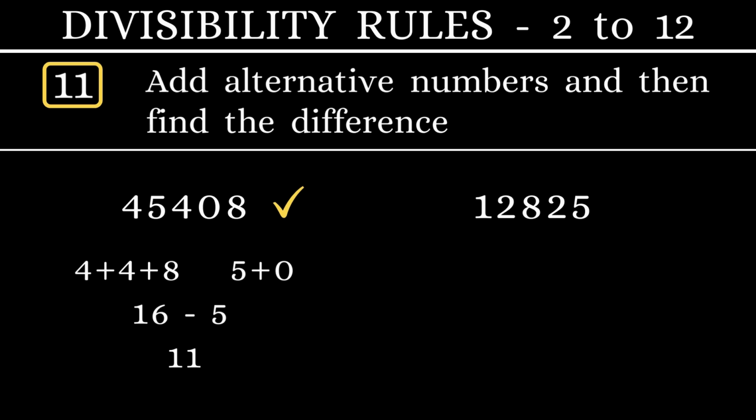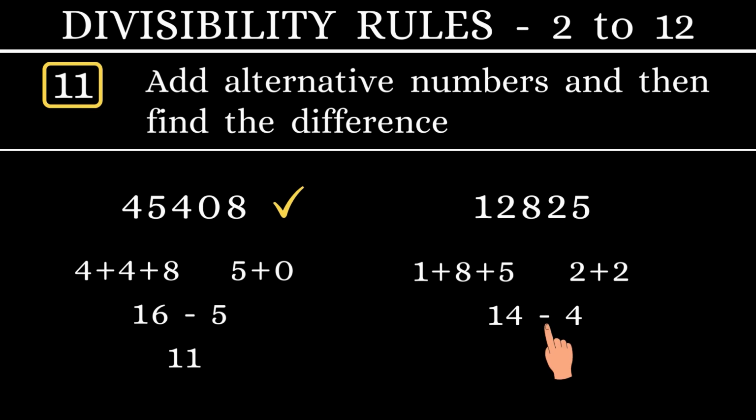Next example, 12,825. So let's add the alternate digits. 1 plus 8 plus 5 is 14. 2 plus 2 is 4.